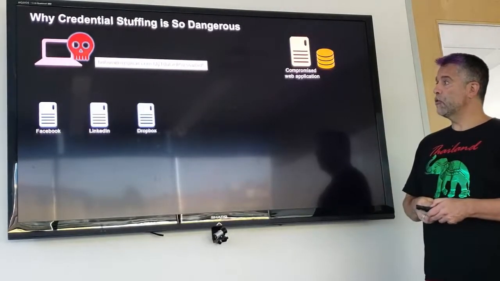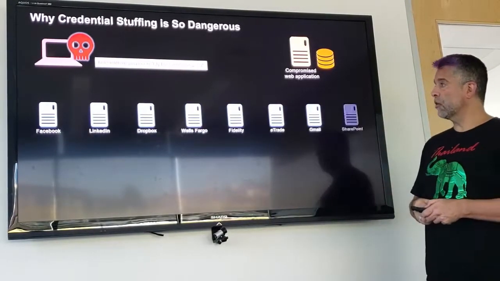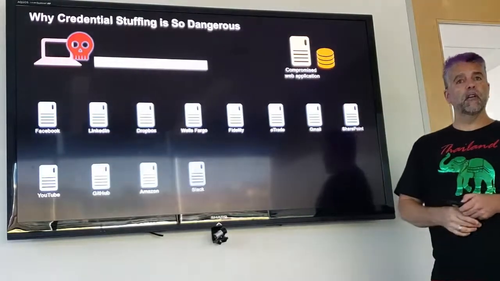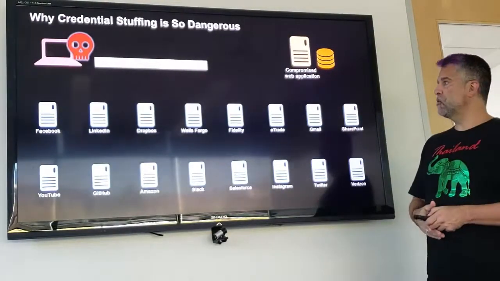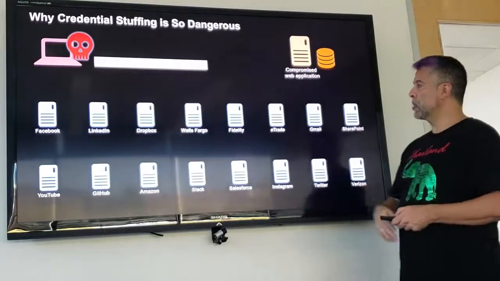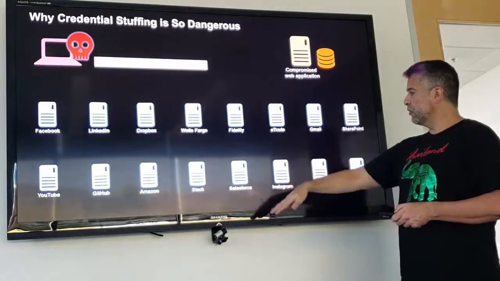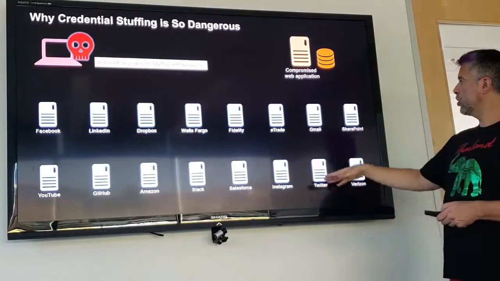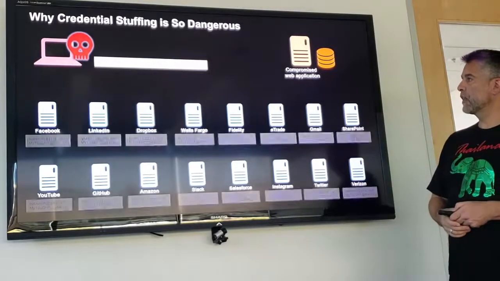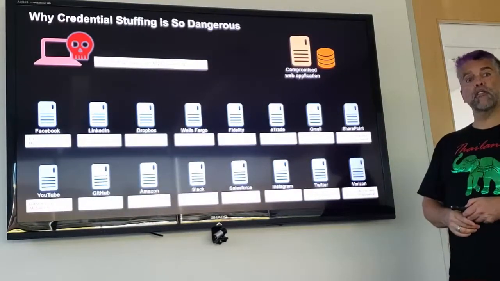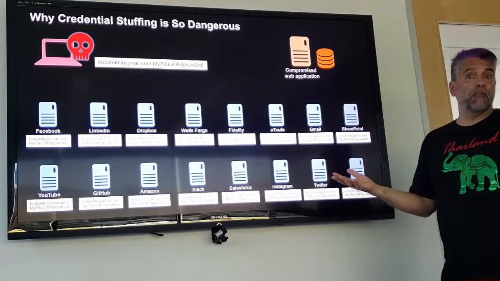And Bob has used that same username and password on all of the different applications they use out there. Their social networking, their work, Salesforce and Slack and Twitter and SharePoint and so forth. That's the username and password for all of them. Because, again, over 50% of users do that.